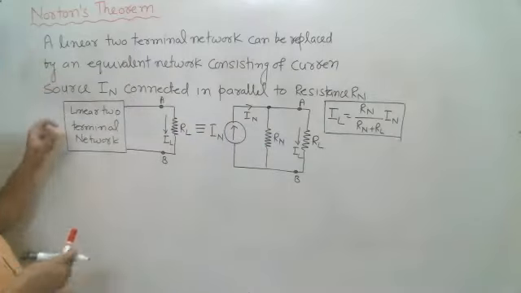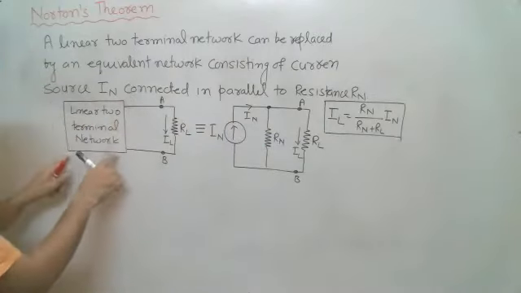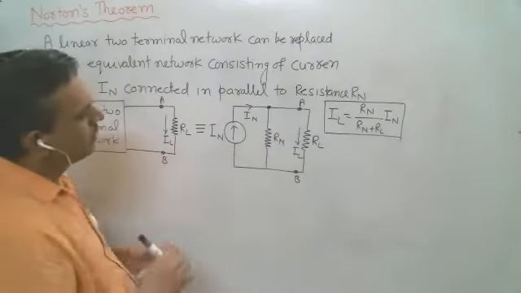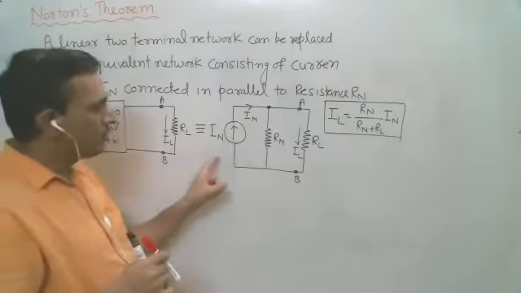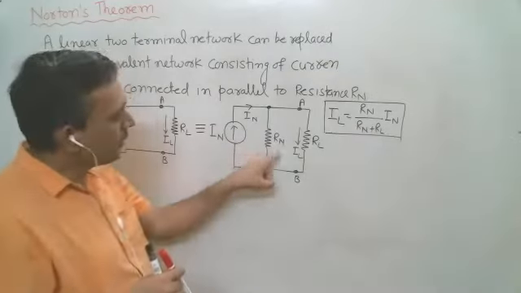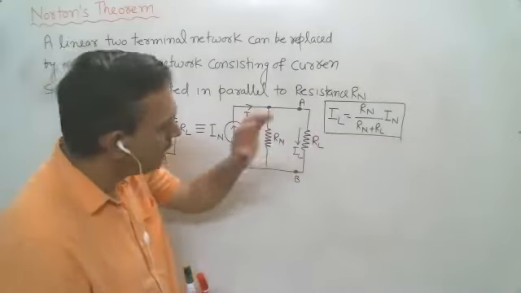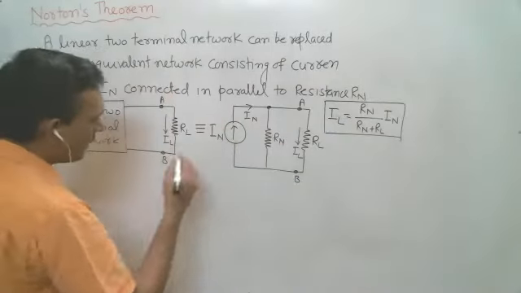So you can see if you have any linear two-terminal network, that can be replaced by a network that has a current source IN and a parallel resistance RN, and then you will get IL. So what is IN and RN?